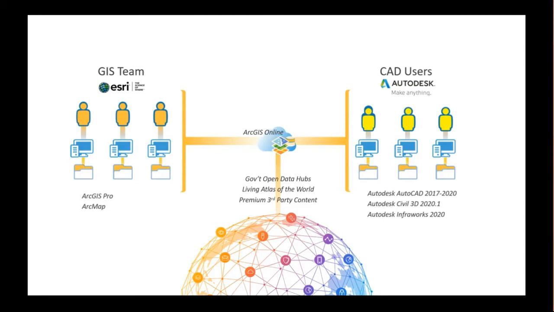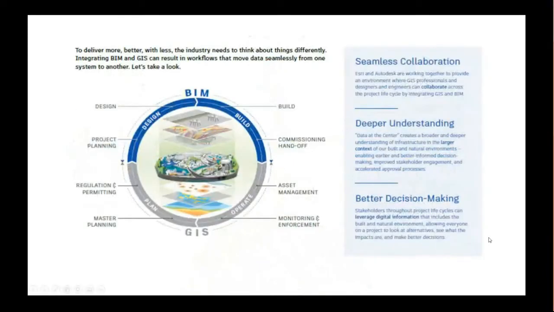Users also can connect to ArcGIS Online straight from CAD. And by doing this, you also have the ability to collect field data from surveys in terms of QuickCapture. Ultimately, you're able to deliver more with less.